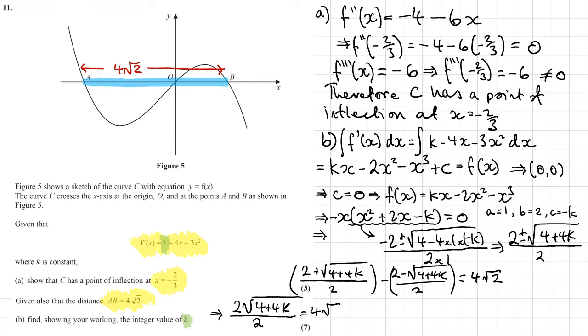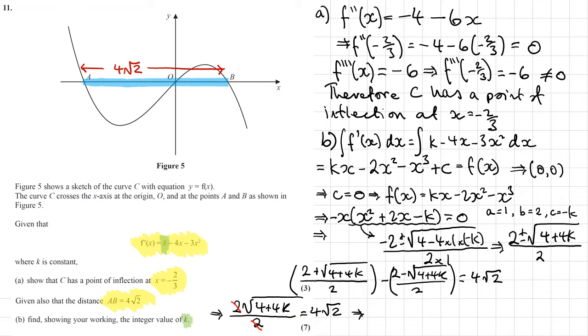So hopefully you've seen how that's happened. 2 minus 2, that's nothing, and then one of these minus minus one of those, so it's plus. You've got two lots of that. It's over 2. As you can see, the 2's are going to cancel out. So that leaves me with the square root of 4 plus 4k is equal to 4 root 2.